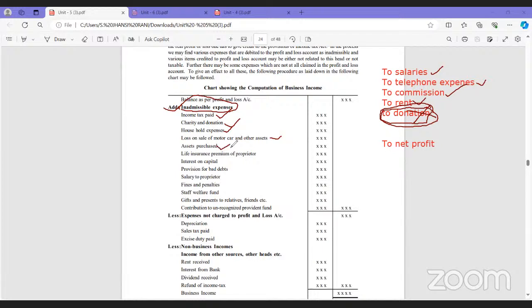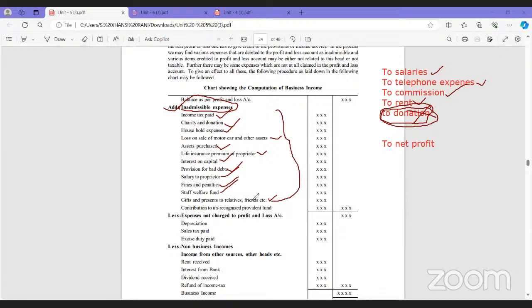Similarly, life insurance premium of proprietor, because he's the owner, his own interest, it is not a business expenditure. Interest on capital, provision for bad debts, salary to proprietor, fines and penalties, staff welfare fund, gifts and presents to relatives, friends, etc., and contribution to unrecognized provident fund. These all are not business expenditure.